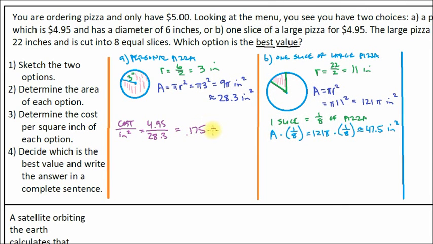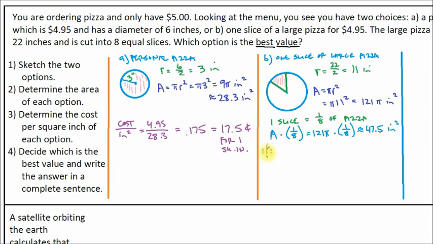That's how many dollars it's costing us per square inch. We're going to multiply that by 100, and that'll tell us how many cents it costs us. It's 17.5 cents for 1 square inch.